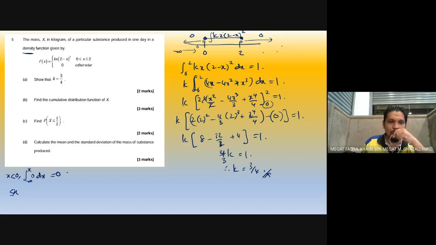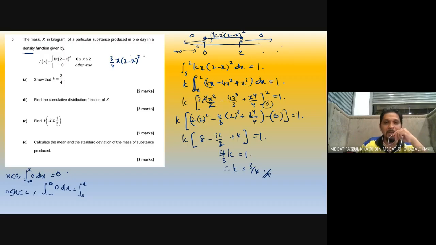For x in between 0 until 2, the integral from negative infinity until 0 of 0 dx plus from 0 until x of 3 over 4 times t (2 minus t) squared.